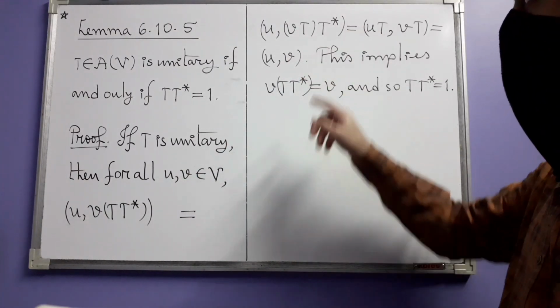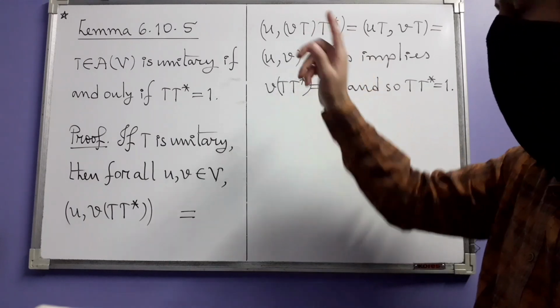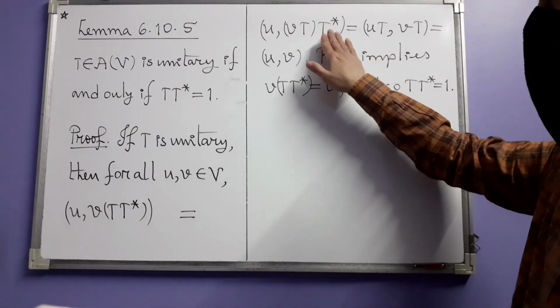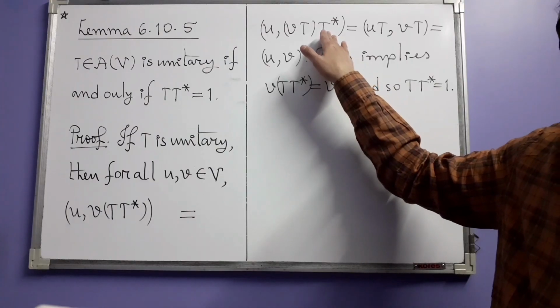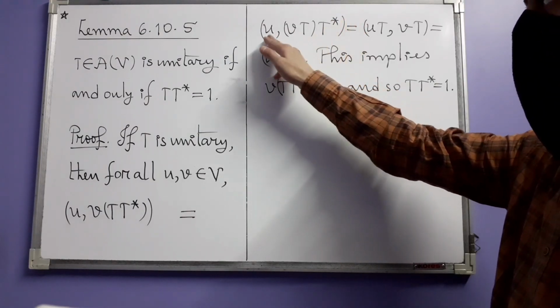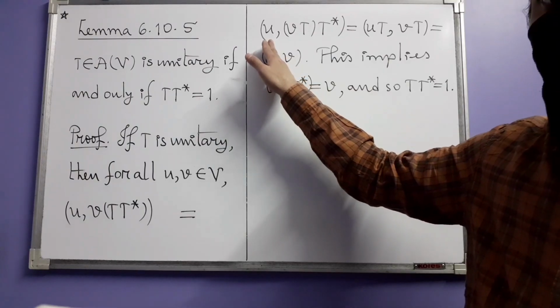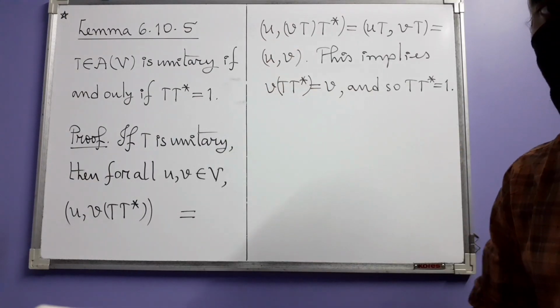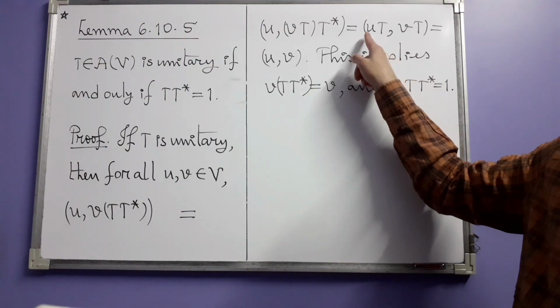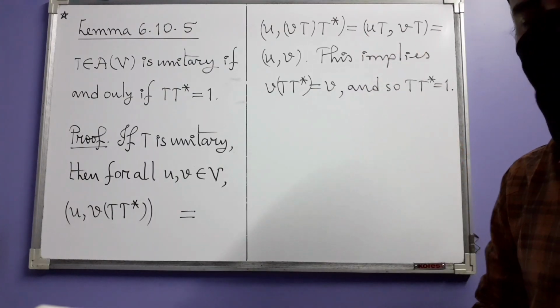That means this is the T star image of vT. But then you know what you can do once you have star here, star of an operator. You can move that operator over to the first component. Then the operator would lose star. That means T star will become T. So that way you are getting uT, vT.